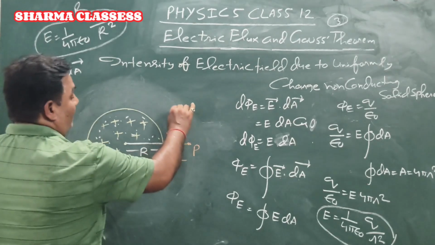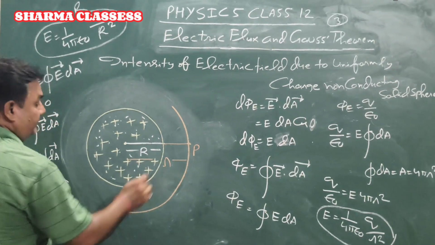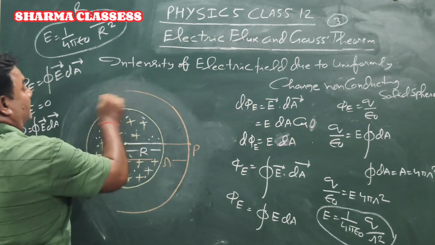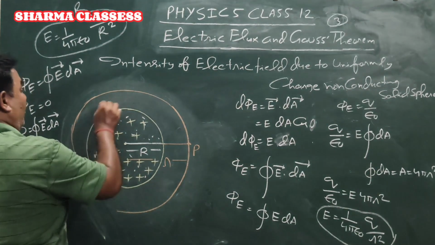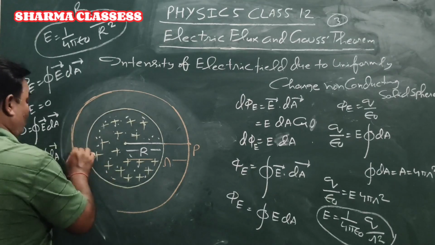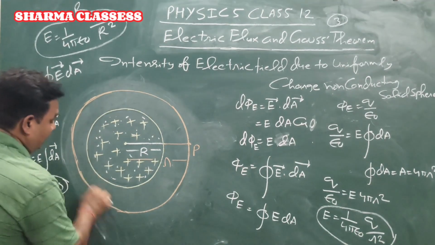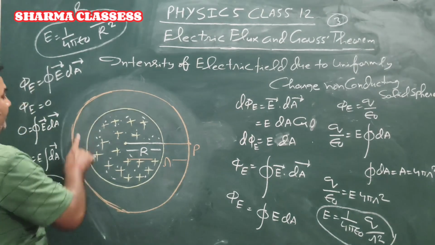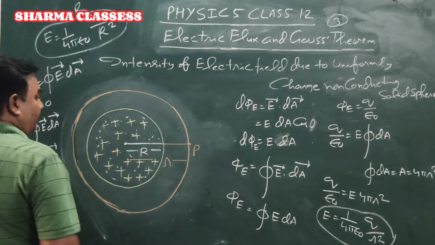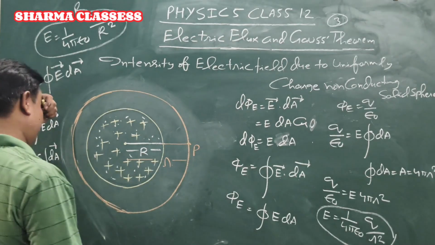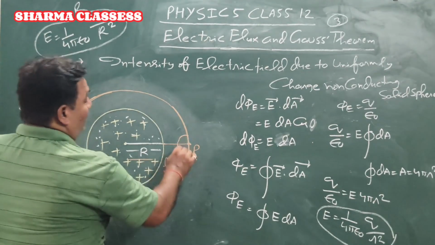For this, again we draw a Gaussian surface taking O as the center and small r as the radius, a spherical Gaussian surface. When the size of the charged object is different, we can still draw a spherical surface. Take a small area around the point.